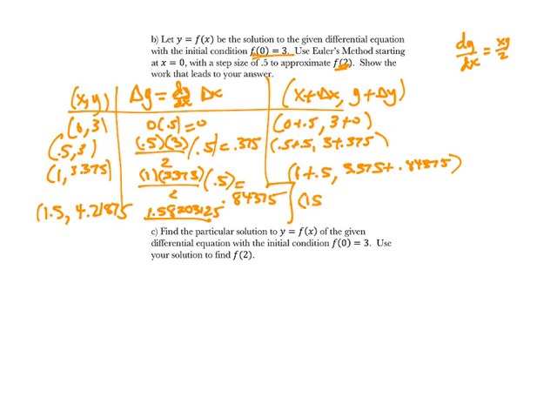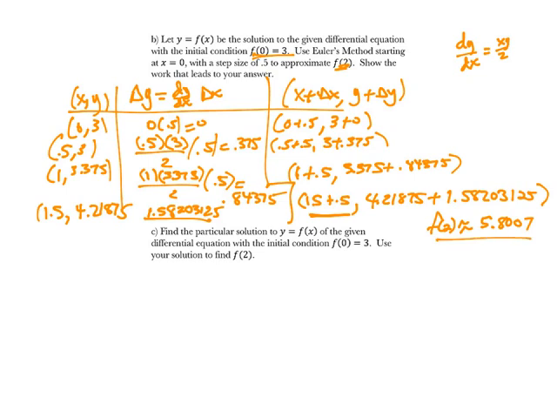So you had 1.5 for x plus 0.5, and I had 4.21875 plus my delta y, 1.58203125. So that means x is now 2, so f of 2 is approximately 5.8007. So remember, that's an approximate answer, not an exact answer.